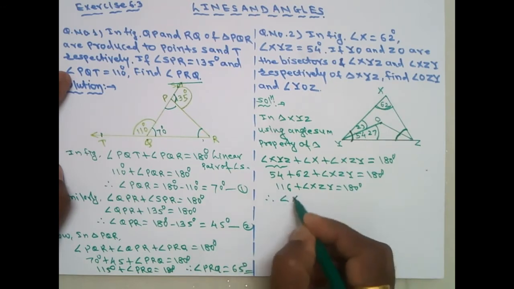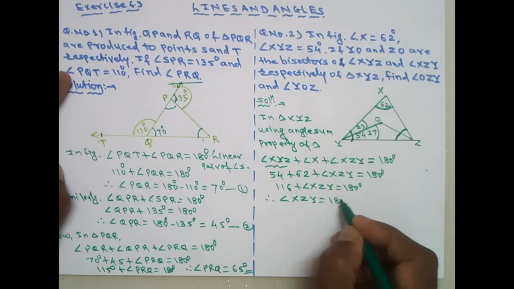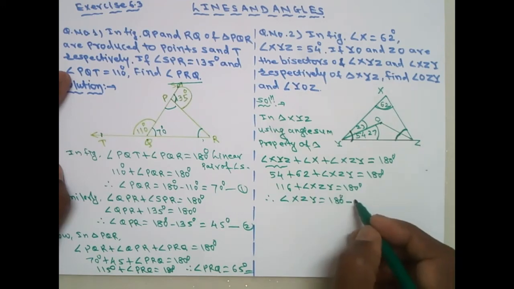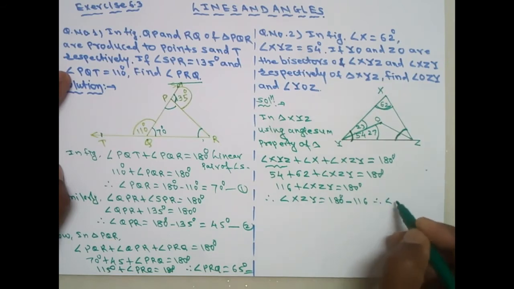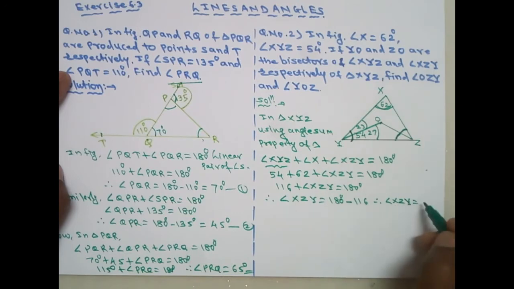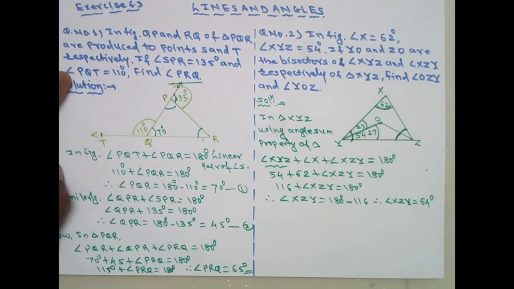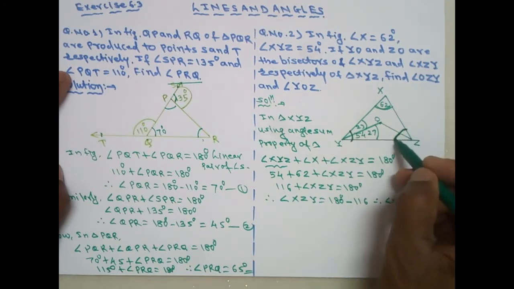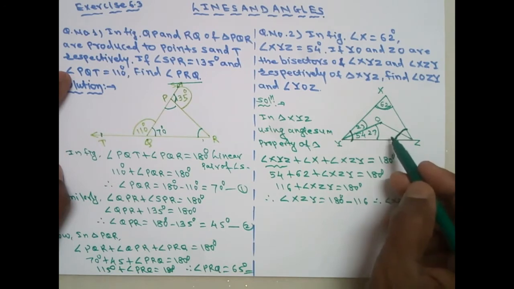Therefore angle XZY equals to 180 minus 116. Therefore angle XZY equal to 64. Now this is complete 64. But this ZO is angle bisector of this complete angle Z. So half of that will be 32. Therefore OZY.